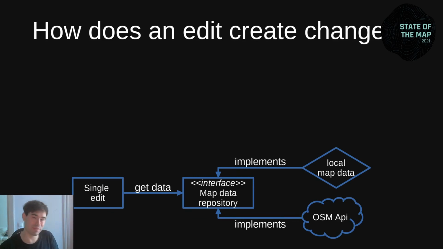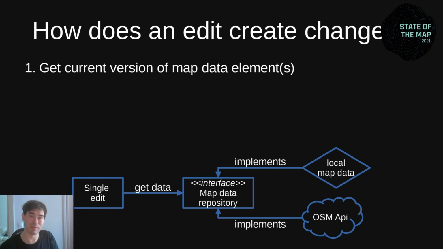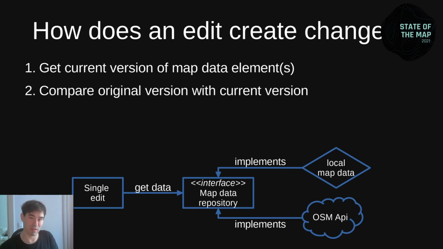So first, the edit will get the current version of the map data element it wants to edit and compare it with the original version of the map data element to see if it can and should be applied. So it cannot be applied, for example, if the change was to set the building type to apartments, but in the meantime the building type has already been changed to something else.